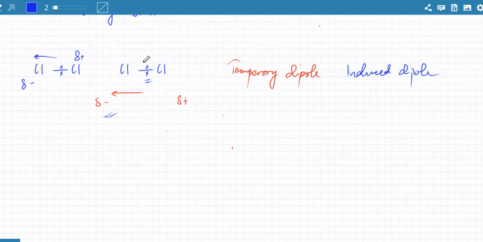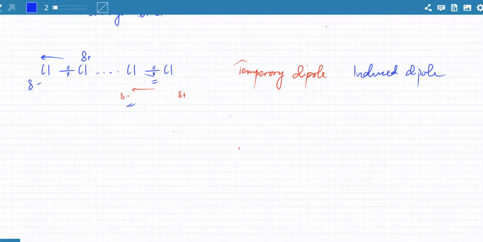Due to random collisions, a dipole is created on one of the atoms or molecules just due to random collisions. So it could be this side being partial negative or the other side becoming partial positive. So the dipoles are just randomly fluctuating around because they're temporary. They just happen for a minor instant. But when they happen, the negative charge over here would push these electrons to the other side, and this would become partial negative. This one would become partial positive, and that would result in a force of attraction between the molecules. So is this clear?